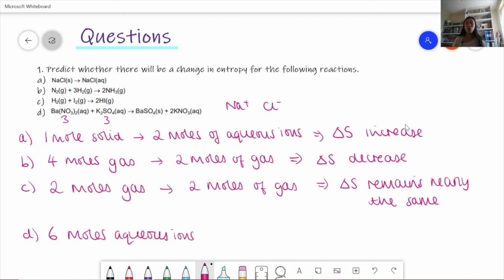And on the other side, we've got 1 solid, and then we've got a K+ aqueous ion and an NO3- aqueous ion, but we've got 2 of these, so that means we've got 4. And so we form 4 moles of aqueous ions and 1 solid. So that means that the entropy will decrease because we're forming a solid, and the entropy of the solid is much less than for aqueous ions. And so delta S will decrease.